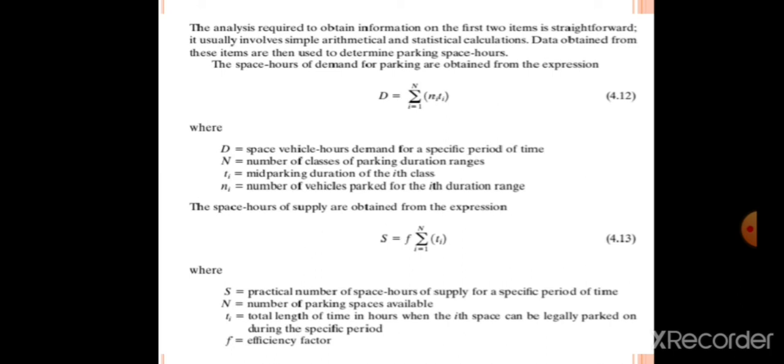N is the number of classes of parking duration ranges. T sub i is the mid parking duration, and N sub i is the number of vehicles parked for the ith duration range.